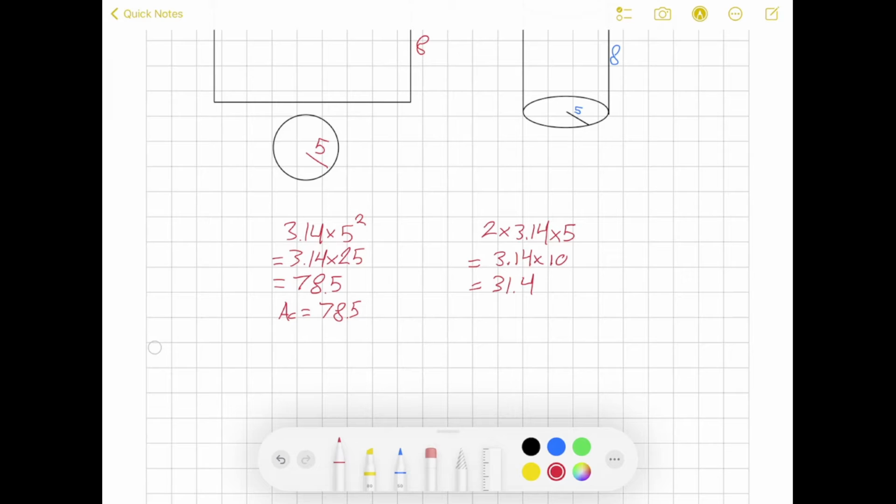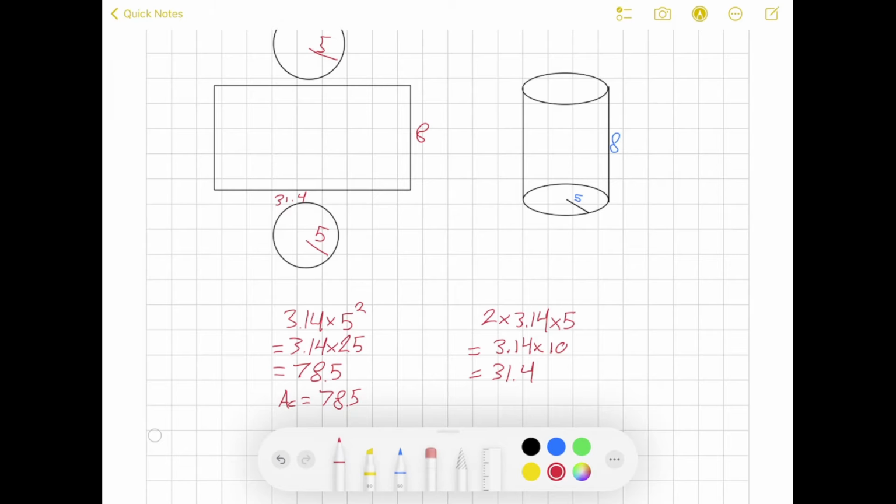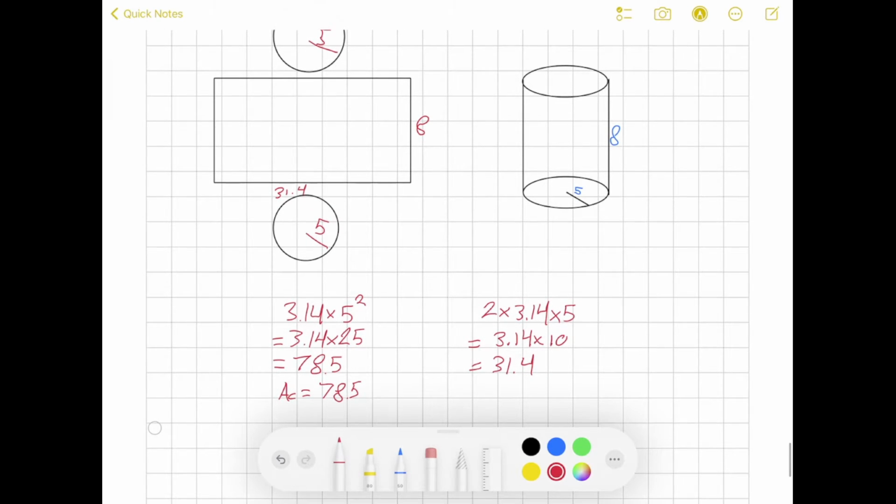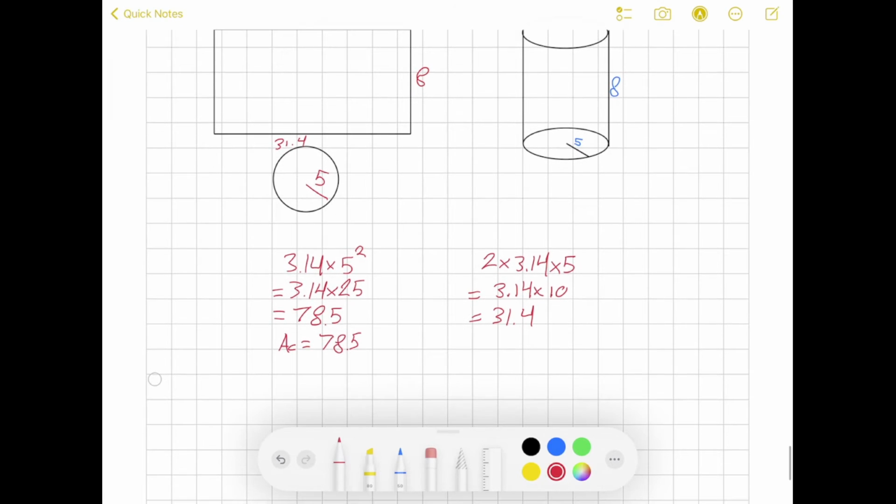So we know that the bottom side is going to be 31.4. Now that we got this, we can simply multiply 31.4 with 8.